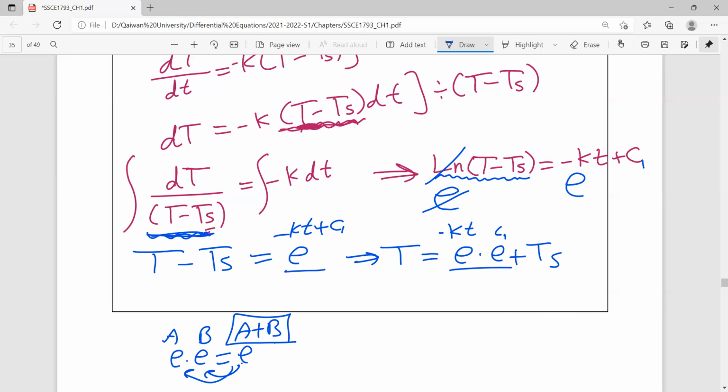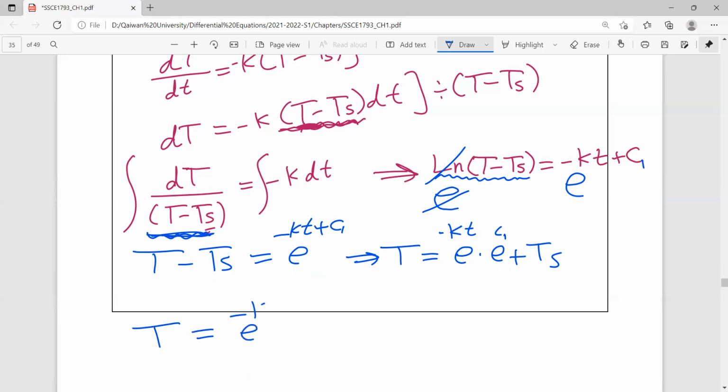We are just going to do one more step. We move Ts to the other side, and minus Ts becomes plus Ts, so T equals e to the power minus kt times e to the power c1. E is a constant, and c1 is a constant.